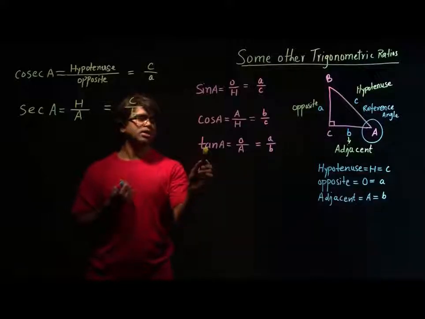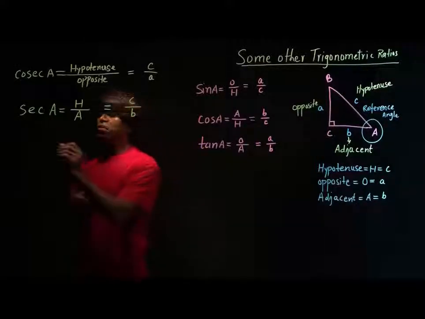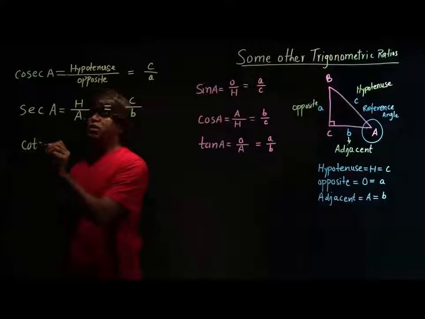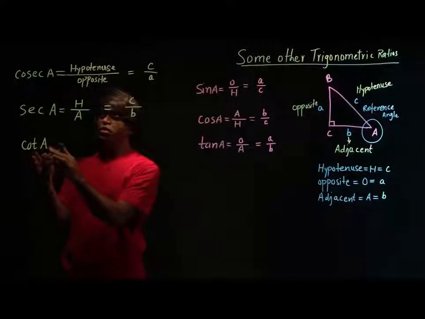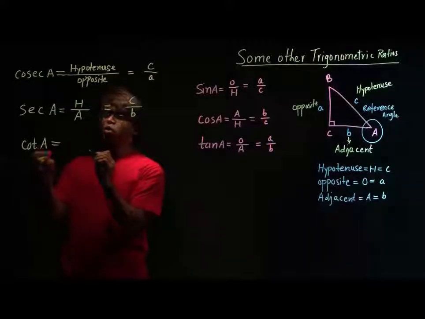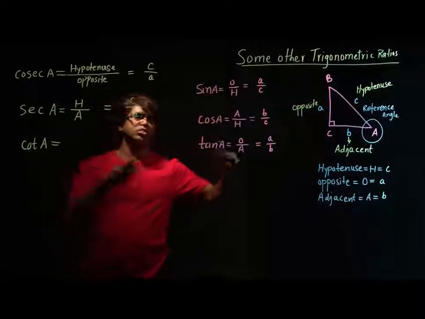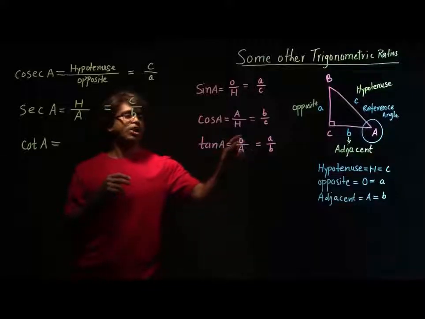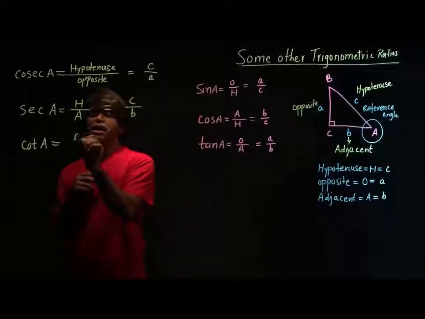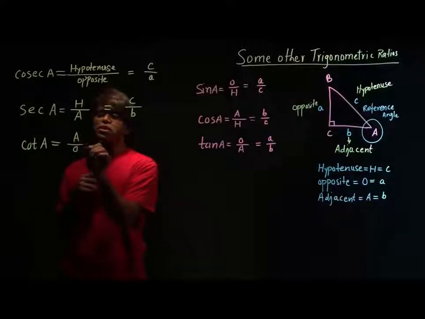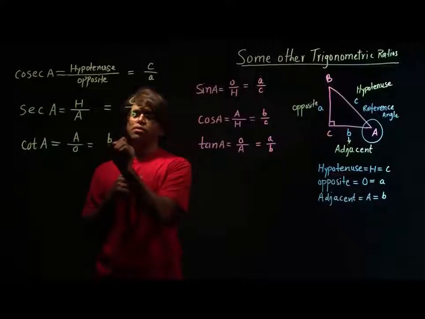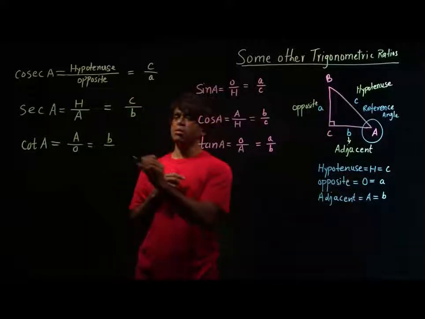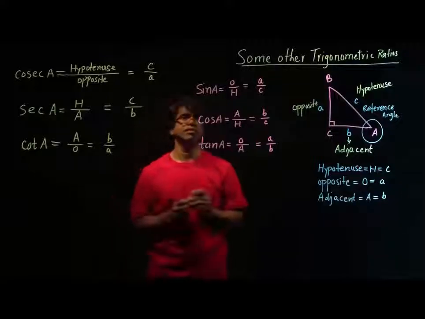Now the reciprocal of tangent is cotangent. I write cot of A, though some people write cotangent altogether. Cotangent is the reciprocal of tangent, so I'm going to flip it. Instead of opposite over adjacent, I'm writing adjacent over opposite, which is b over a.